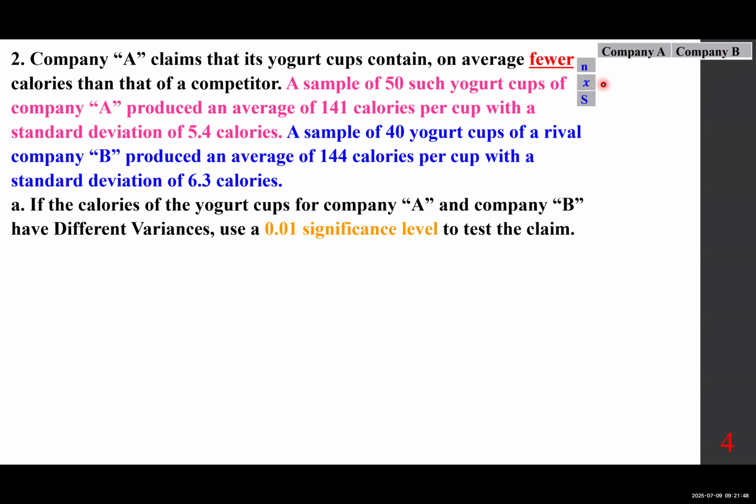X bar for the first one is 141, that means X1 bar, and X2 bar is 144. And S, the standard deviation, for the first one, S1 is 5.4, S2 is 6.3, and alpha is 0.01. So that has got to do with understanding how to write the given.